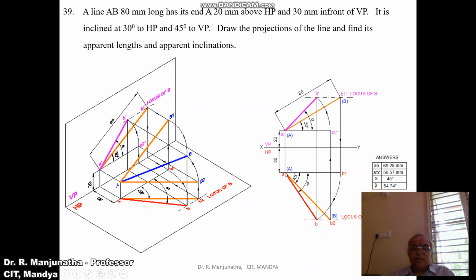Similarly, with the same radius, with A as center, cut an arc on that 45 degree line, so that you get this point as B1 dash and this point as B2. Then join A dash B1 dash a little bit darker than the XY line. Similarly, with A as center, take the radius of 80 mm, cut an arc on this 45 degree line, and mark this point as B2.